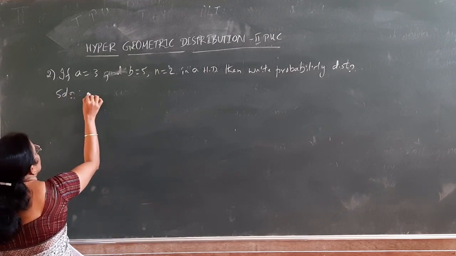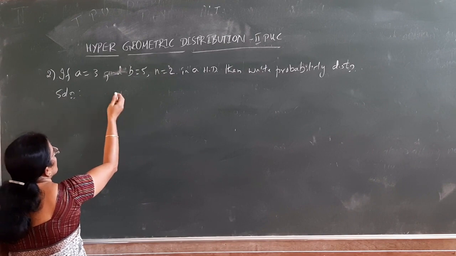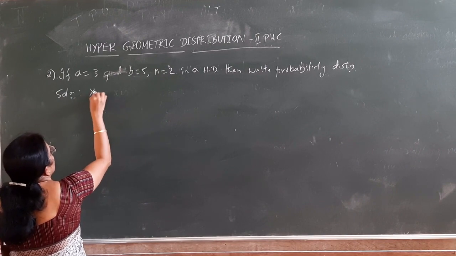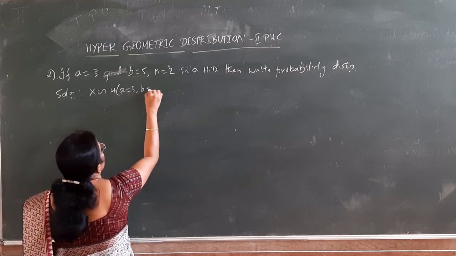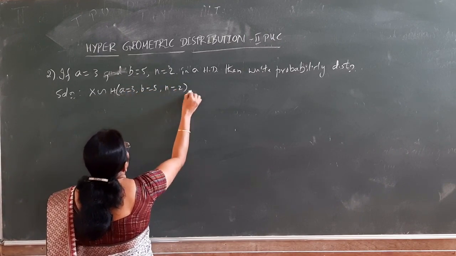Now, first, write the probability mass function. For that, X follows hypergeometric with A equal to 3, B equal to 5 and n equal to 2.